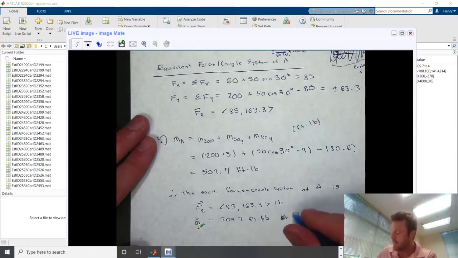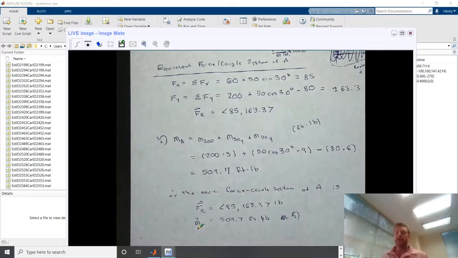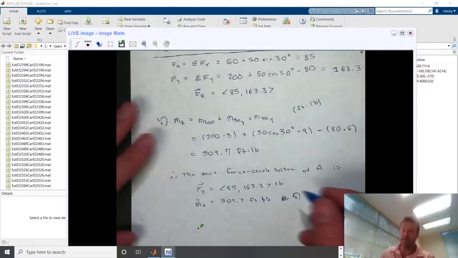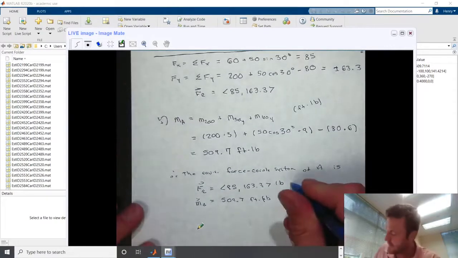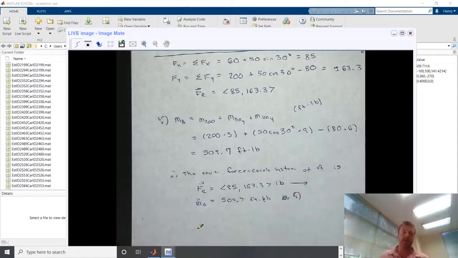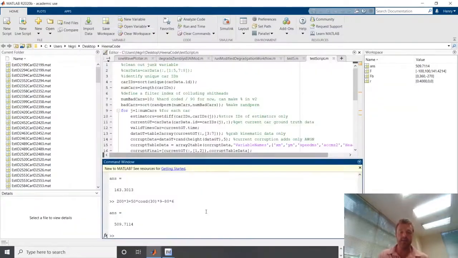So you can just put something like that if you want. Oftentimes they will express this in polar form. So I'm going to show you why and how they do that in a minute. If I wanted to express it in polar form, I would just take the square root of the squares of each component.